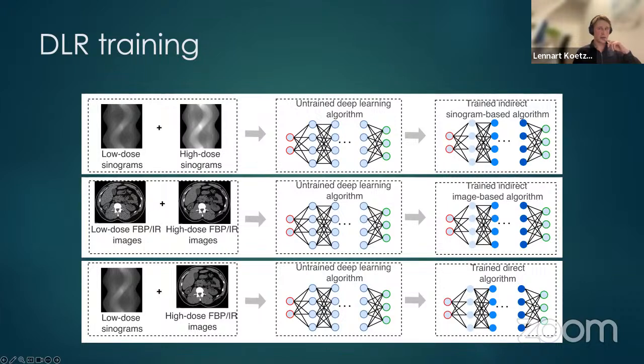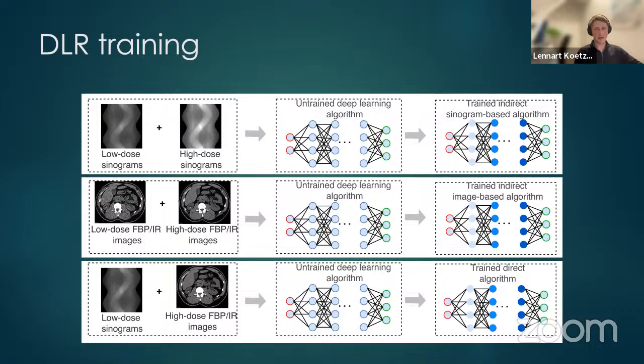So vendors have different approaches to collecting this data. All vendors have used phantom data as well as patient data at a wide range of scan parameters and a wide range of clinical conditions. However, vendors have different approaches to collecting the matched high dose and low dose data.